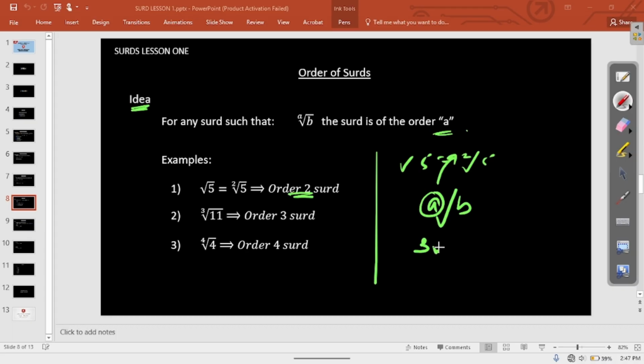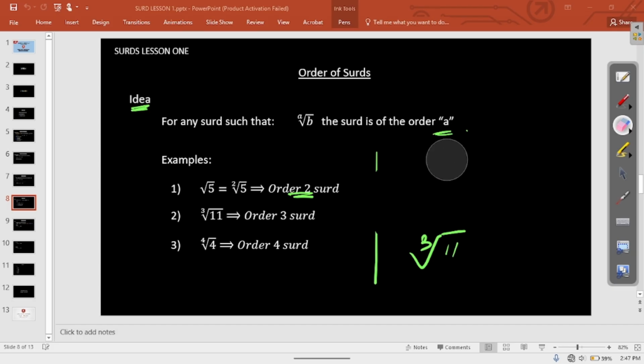In an event that it is 3 root 11, the cube root of 11 rather, then we can equate the 3 to a, and we are going to find out that our surd here is a surd of order 3.